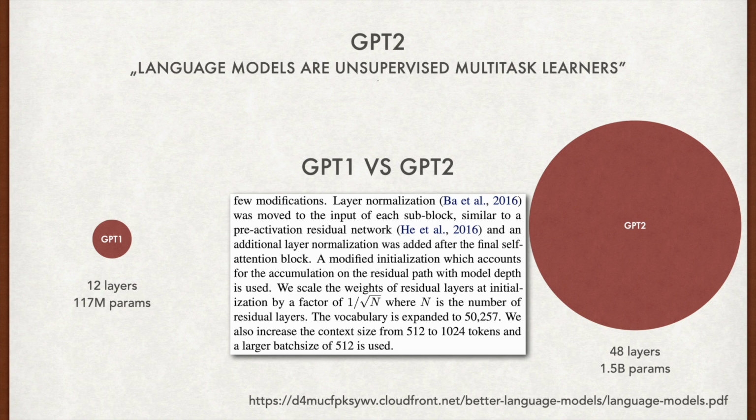The authors also increased the context size from 512 to 1024 tokens, and a larger batch size of 512 examples is used. The vocabulary is not only expanded, but a modified idea of byte pair encoding called byte-level byte pair encoding was also used in this model.